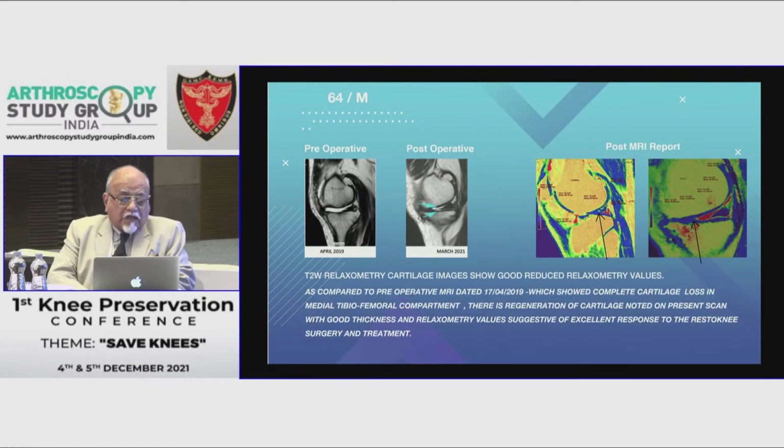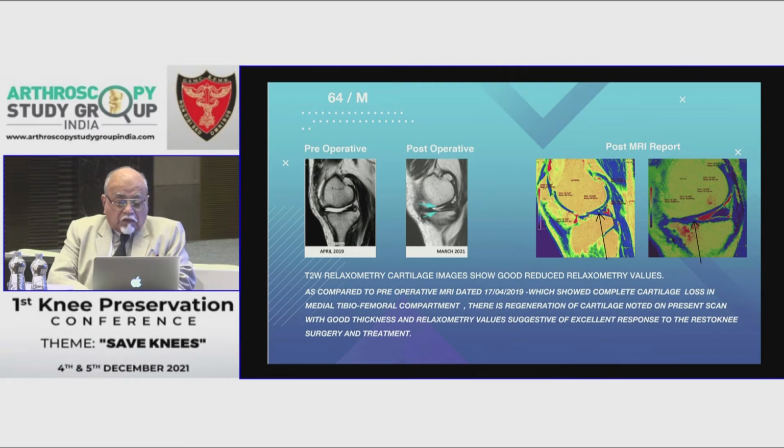Here is the example, 64 years old male, pre-op and post-op cartilage mapping done, and the report given by the Medimex radiologist as compared to the pre-operative MRI dated 17/4/2019, which showed complete cartilage loss in medial tibiofemoral compartment.